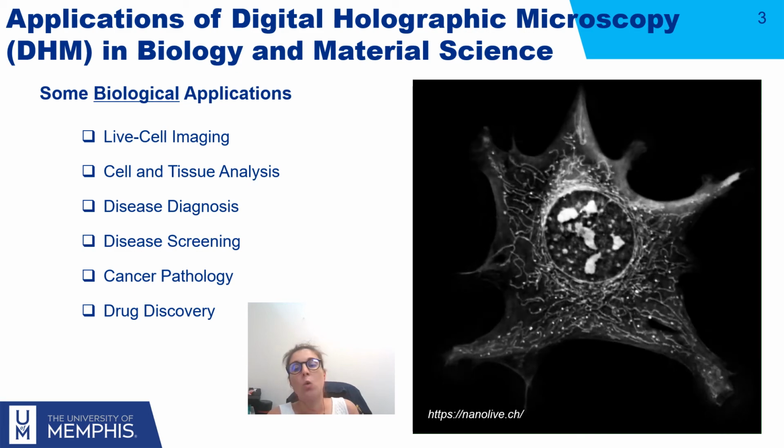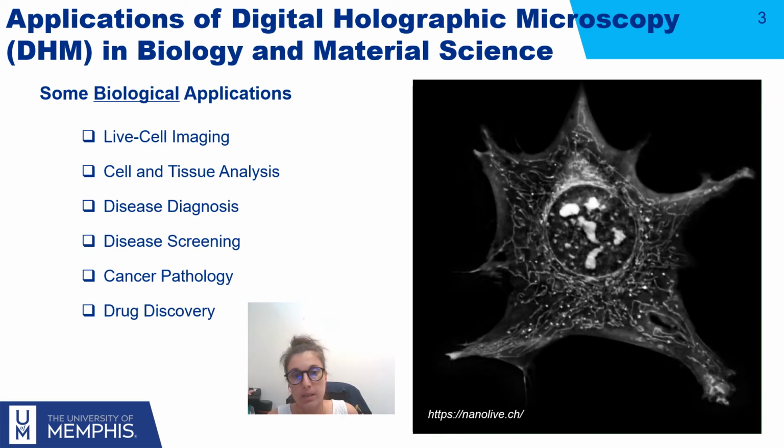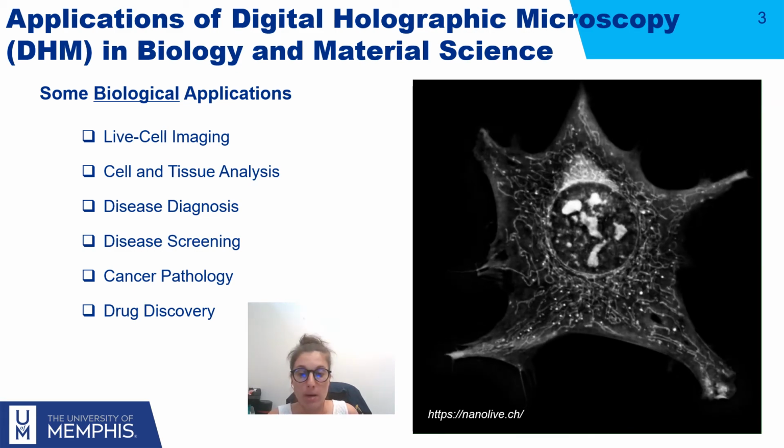So the question is, why is the DHM system so useful in biology and material science? Let's talk first about biology. One application of DHM systems is live cell imaging. The technique only requires a single shot, a single image, which is super useful because it's really fast, allowing us to track particle dynamics.